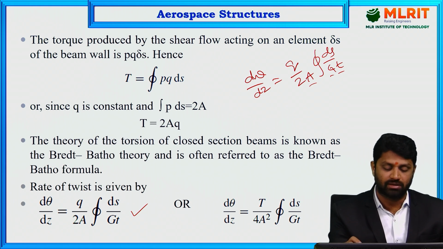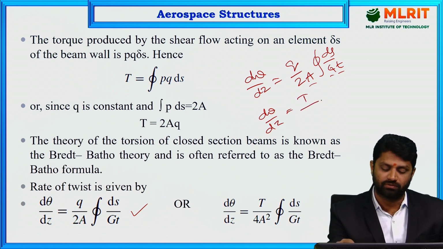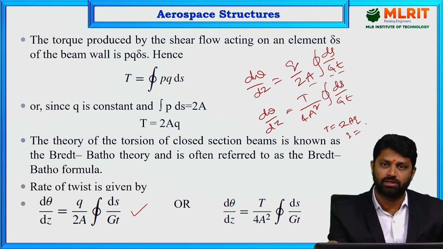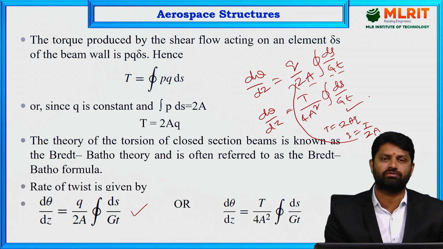In terms of torque, it can also be written as dθ/dz = T/(4A²) times the cyclic integral of ds/(Gt), by considering T equals 2Aq, so that you can replace q with T/2A, and when you substitute it in this equation, you get this form. So these are alternate forms of the rate of twist, dθ/dz.